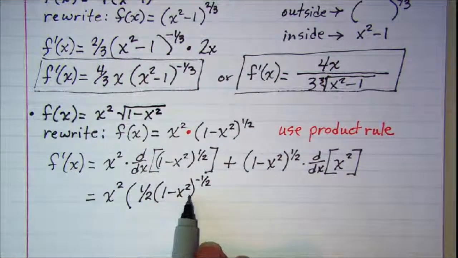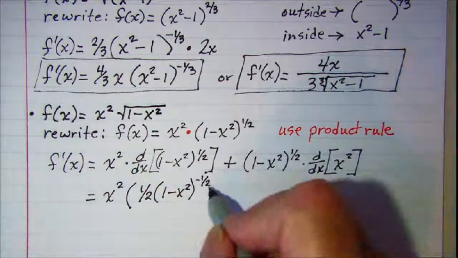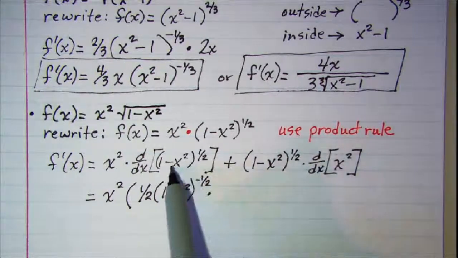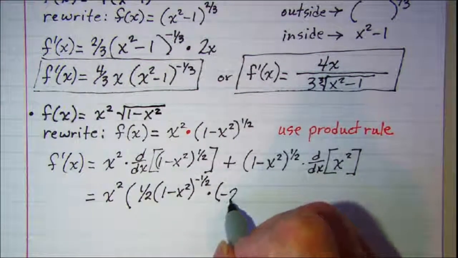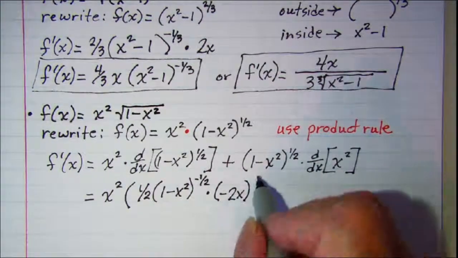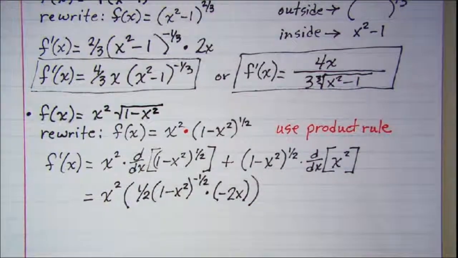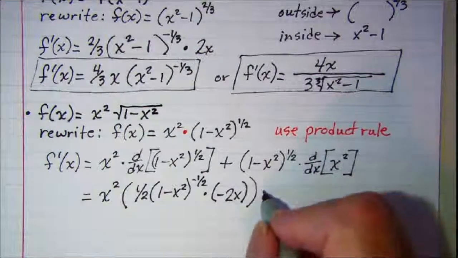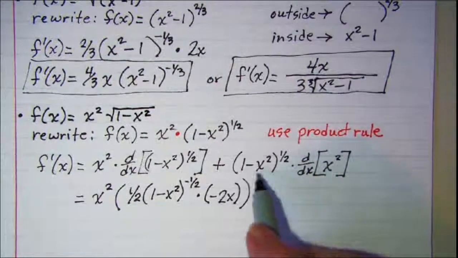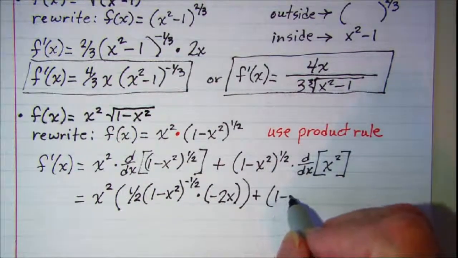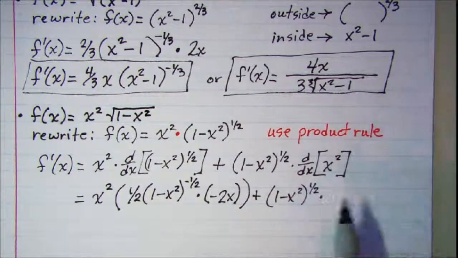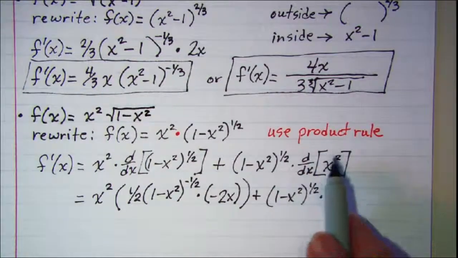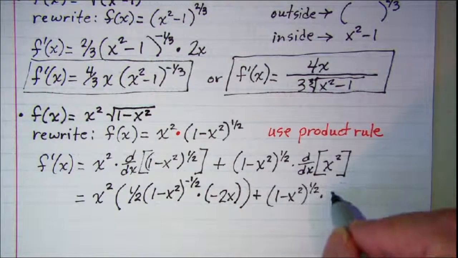So this is my outside part, derivative, and then that gets multiplied by the derivative of the inside, which is negative 2x. Plus, and then this is just a factor, 1 minus x squared to the 1/2, multiplied by the derivative of this expression, which is just 2x.